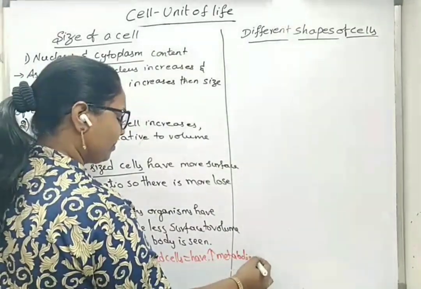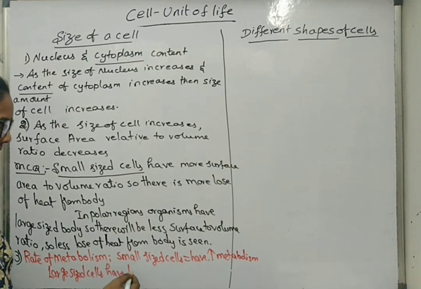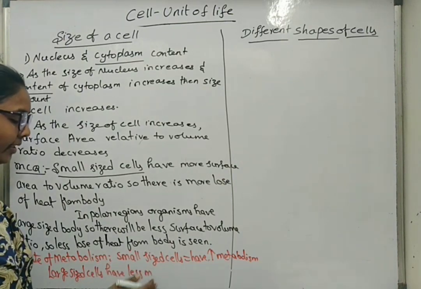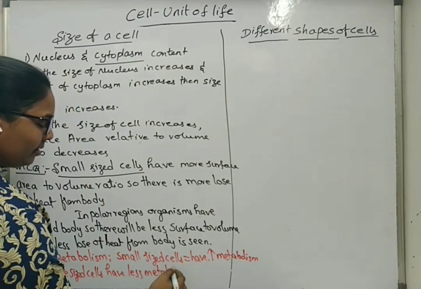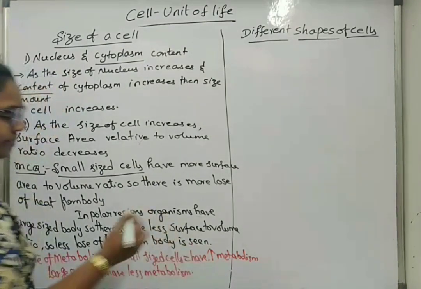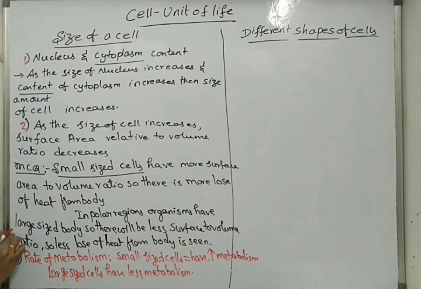Large sized cells have less metabolic activity compared to this. So these are three important factors that affect the size of a cell.